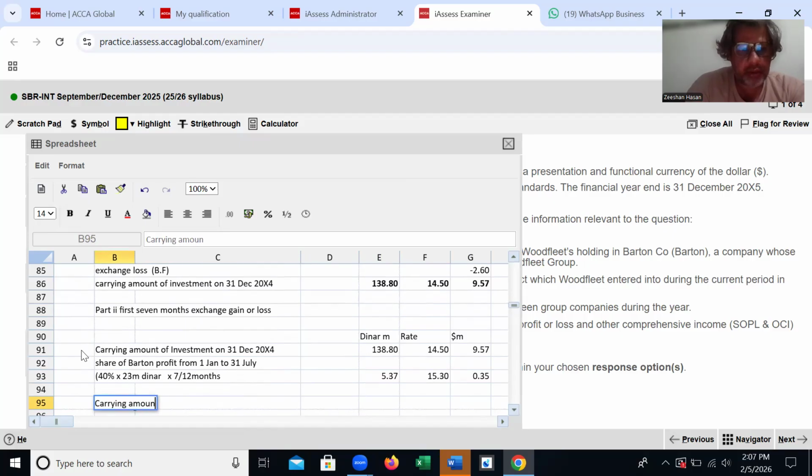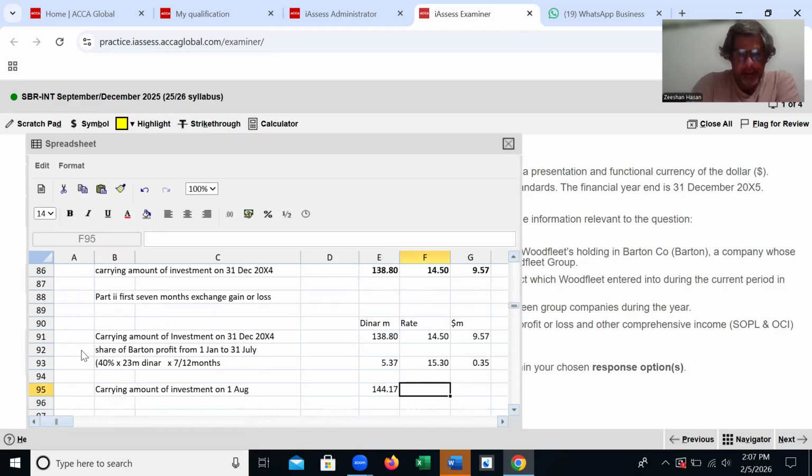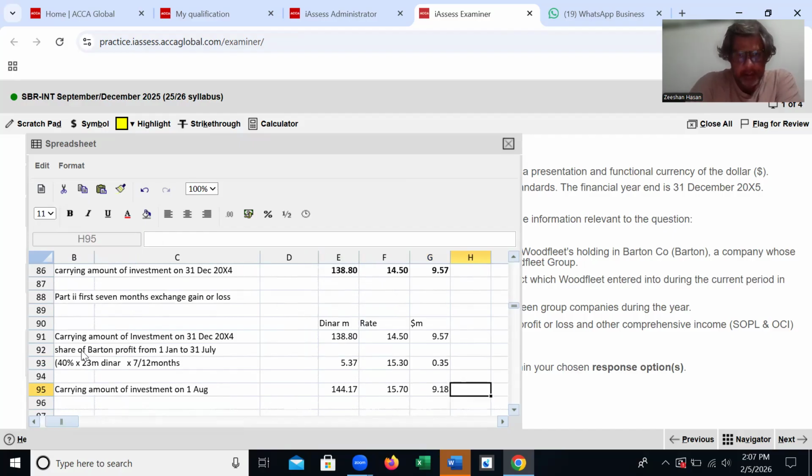Carrying amount of investment on 1st August. What was that? Is equal to this plus this. Okay, the rate is given in the question 15.7 and 9.18 closing given.